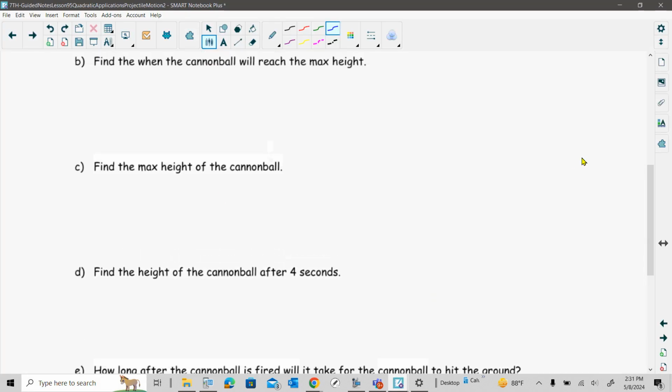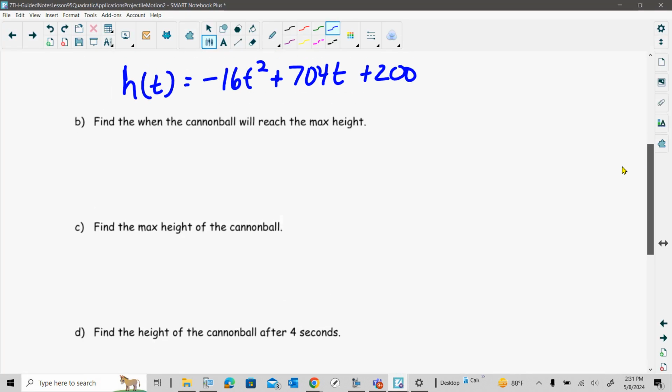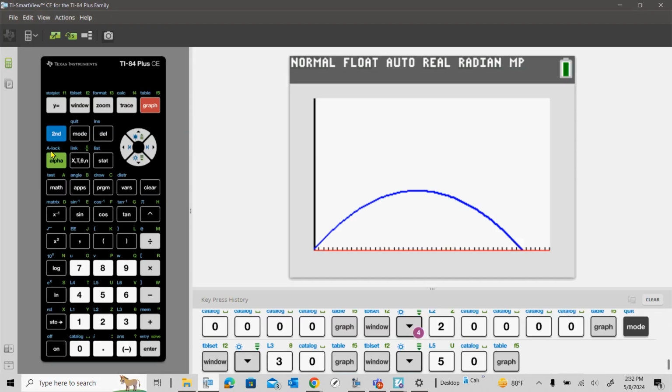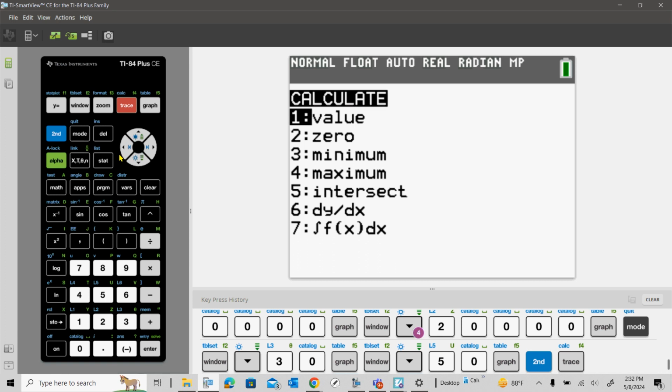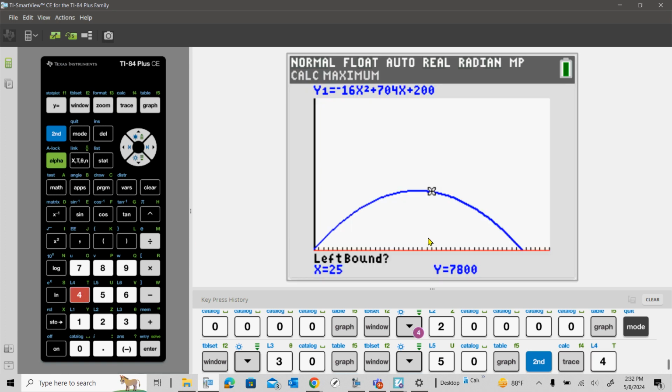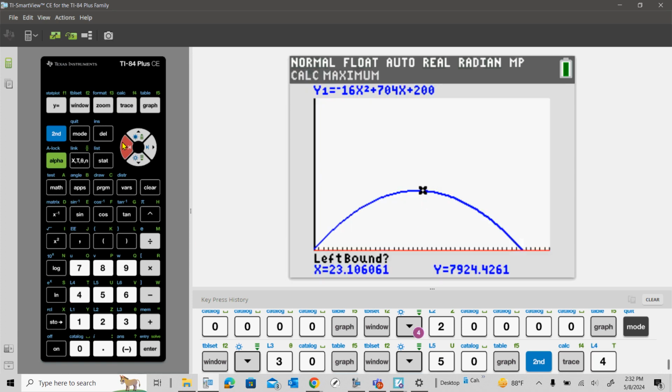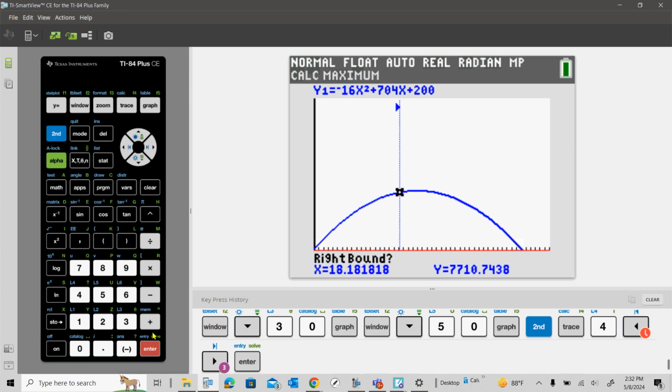So here, the first question we need to address together is find when the cannonball reaches the max height. Because we're talking about when, we're talking about the time here. For a maximum height, I can use my calculator and do second trace for max, but make sure the cursor is on the left side of the curve, or left of the vertex, and then right of the vertex, and we get a maximum height.